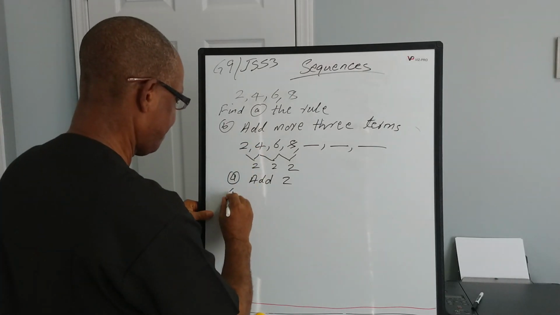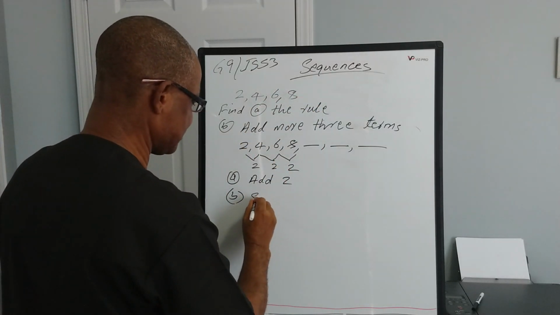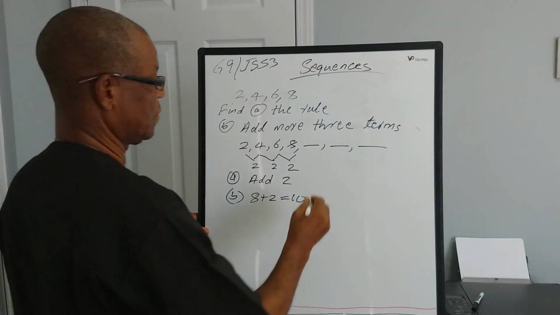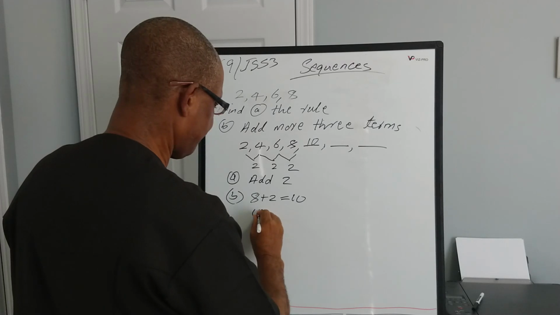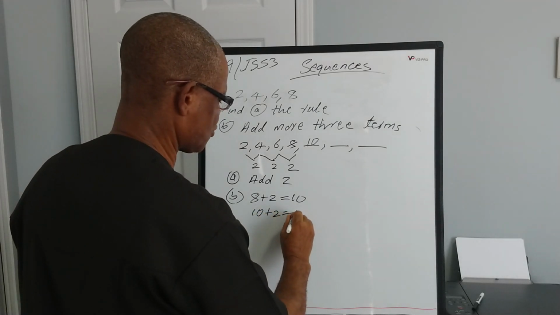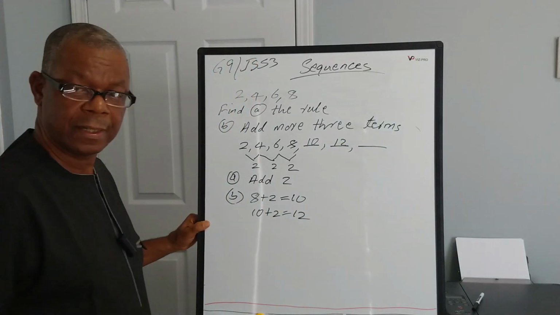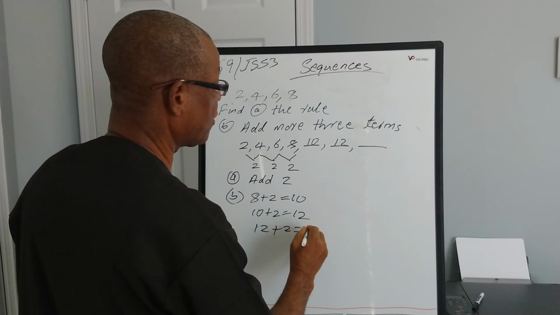B, we already have 8. We now say 8 plus 2 will give us 10. Then 10 plus 2 will give us 12. And 12 plus 2 will give us 14.